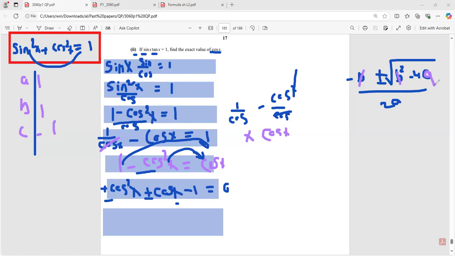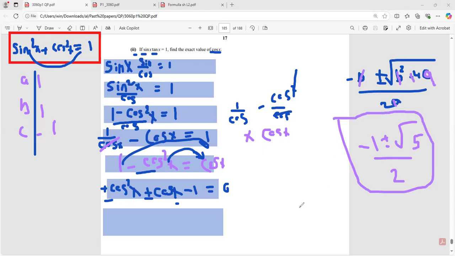Actually it will be positive 4 over 2. So it is minus 1 plus or minus the square root of 1 plus 4, which equals root 5 over 2, and that is the final answer. We're going to split it, one for positive root and one for negative.